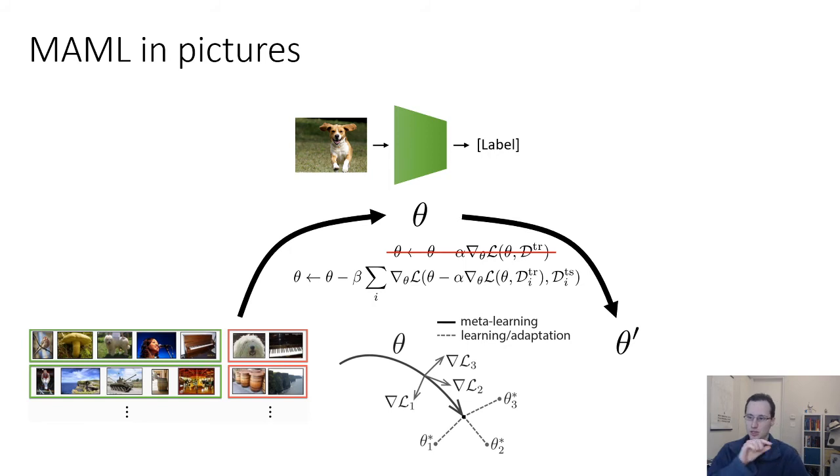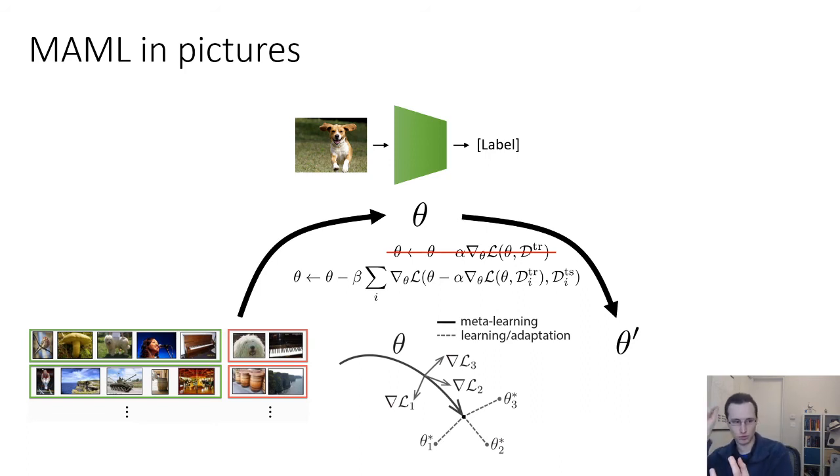You could imagine that this thick line theta represents your path through the parameter space during meta-training. And for every task, and in this case there are 3 tasks, you consider the parameters that you'll get after you take one gradient step in the direction of the gradient for that task. So that's represented by the little arrows. And you want to bring those updated parameters as close as possible to the optimal parameters for those tasks.